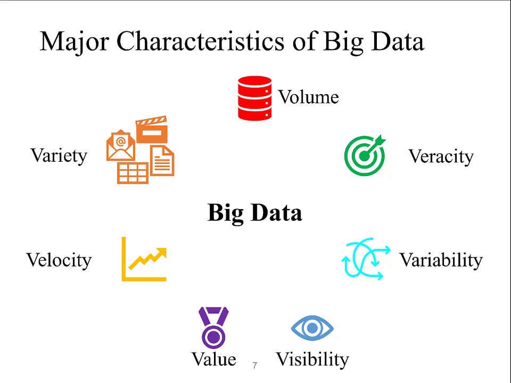So these 7 Vs are volume, which is the size or scale of the data; variety, which is the diversity of the data; velocity, which is the growth speed of data; veracity, which is the quality of the data; variability, which is how data varies over time; visibility, which is the visualization of data; and the last V is the value of data.